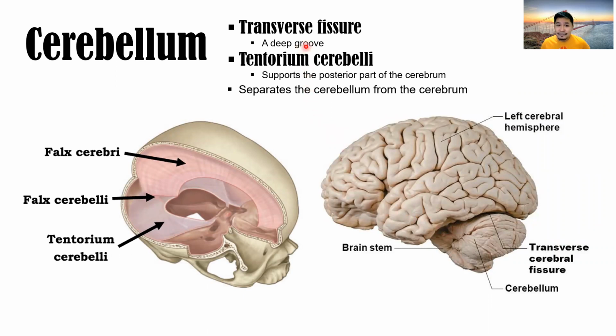So the transverse fissure, this one, is a deep groove, and along with the tentorium cerebelli, which supports the posterior part of the cerebrum, separates the cerebellum from the cerebrum. This is your cerebrum. This is your cerebellum. Okay, so separating the cerebellum from your cerebrum would be your transverse fissure along with your tentorium cerebelli.